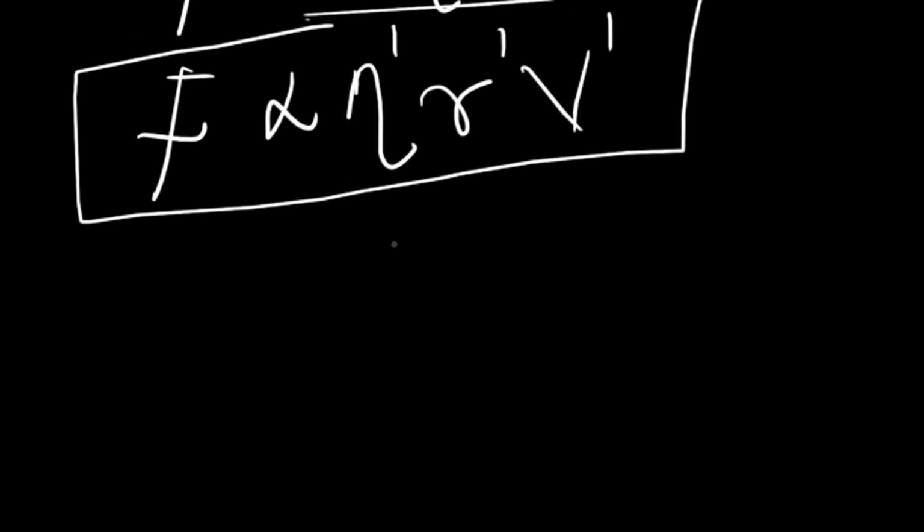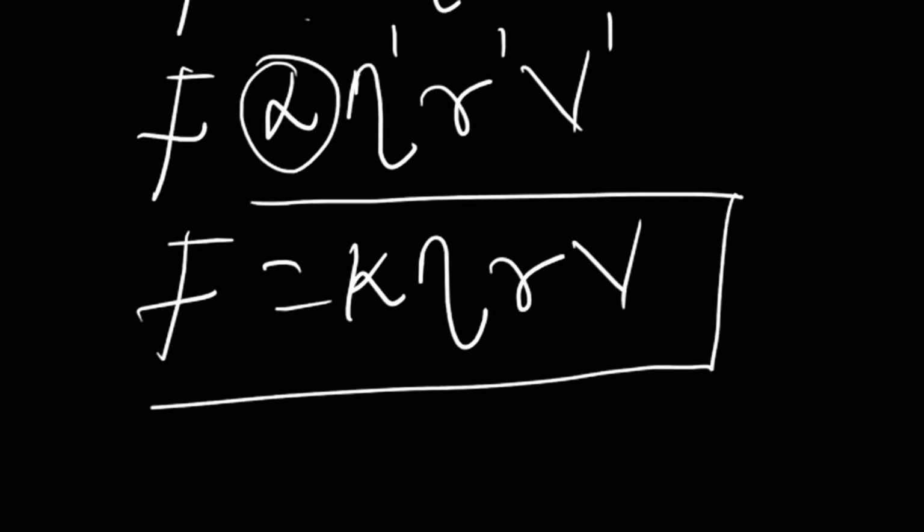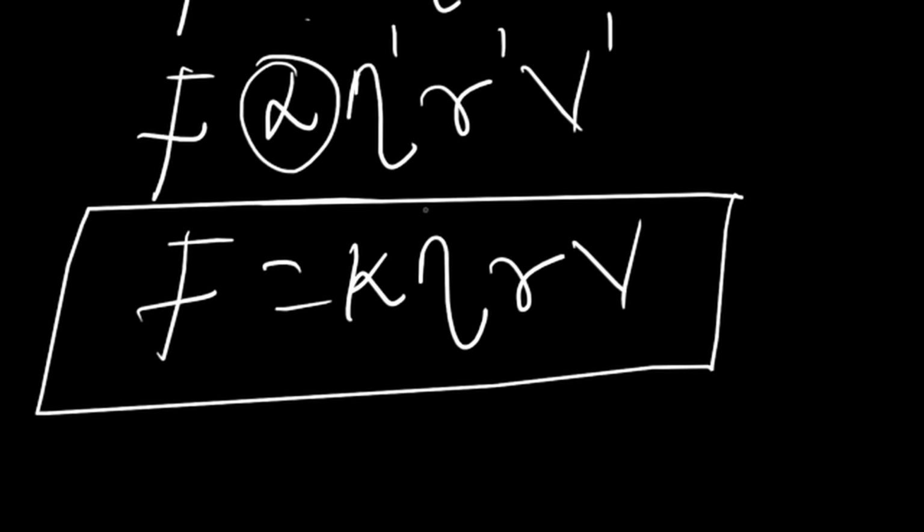Okay, so we can now say, let's remove this sign here and put a K. So we have the force is equal to K, and then we have our viscosity multiplied by the radius, and then multiplied by the velocity. So this is Stokes formula. Okay, this is Stokes formula.